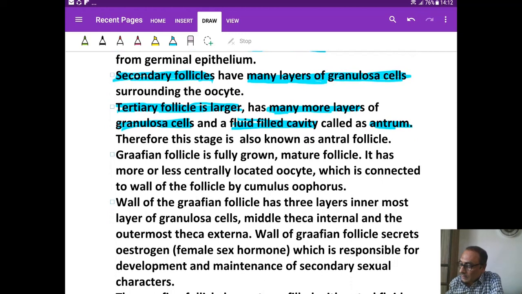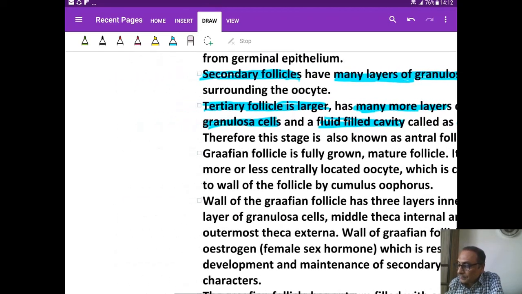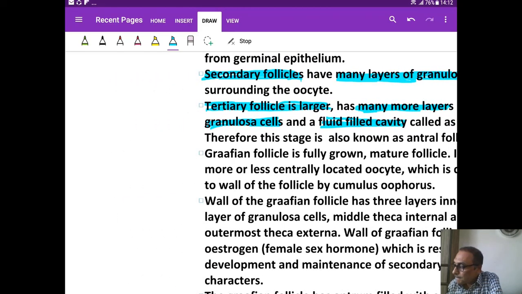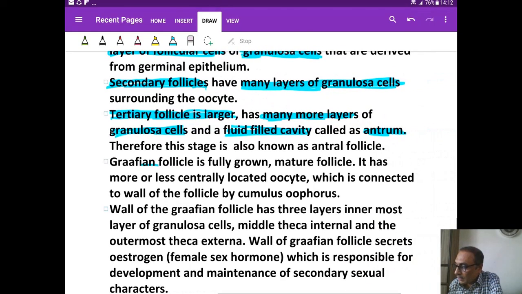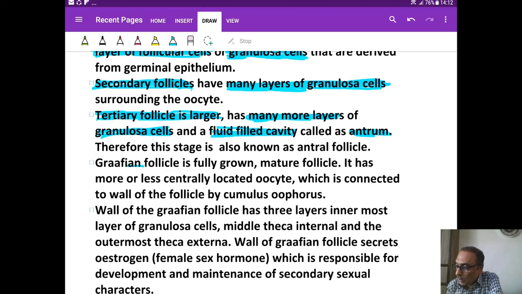Graafian follicle, let us know about the Graafian follicle a little bit in detail. Already we have discussed through these points. Let's go through. The Graafian follicle is the fully grown ovarian follicle or mature ovarian follicle which is ready to ovulate or release the oocyte.